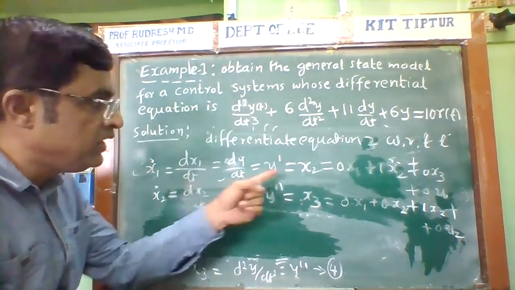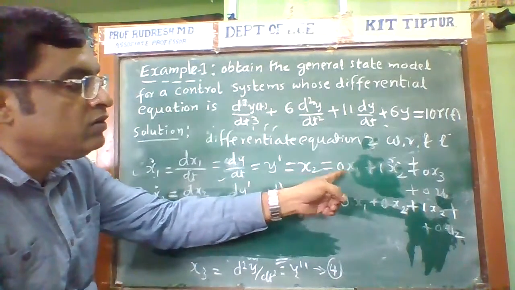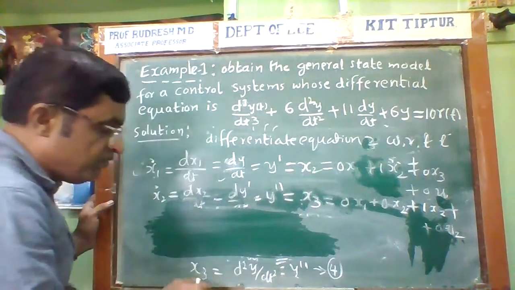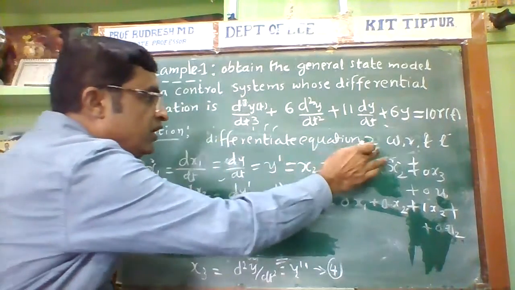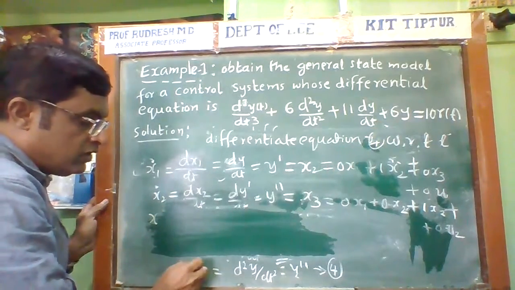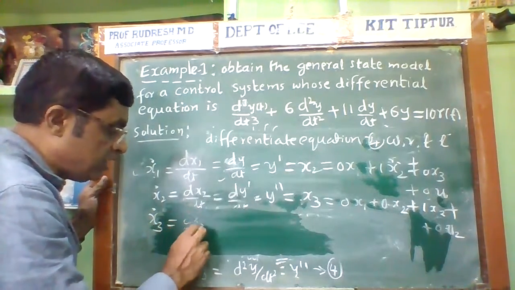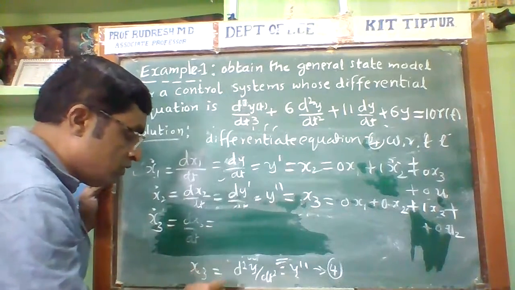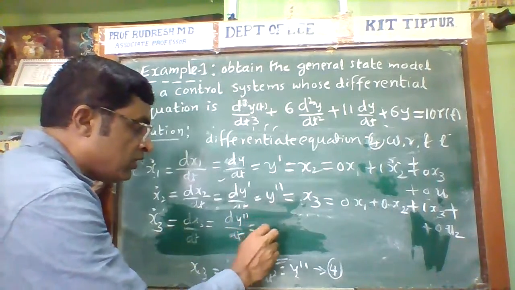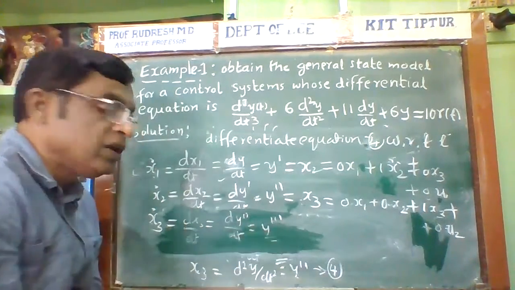The state equation is a linear combination of the inputs, 0 into u1, u2, and u, and the state variables x1, x2, x3. Similarly, if I differentiate equation 4 with respect to t, we get x3 dot, dx3 by dt, equal to y double dash differentiated, that is y triple dash. What is the value of y triple dash?